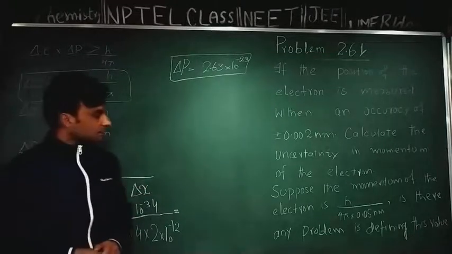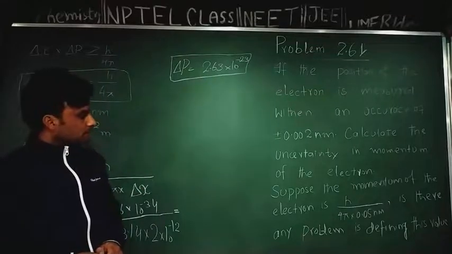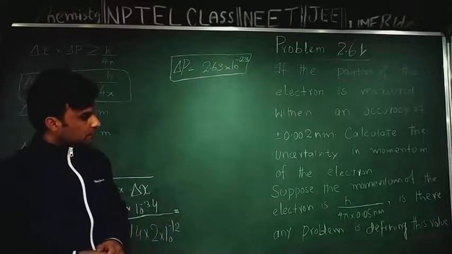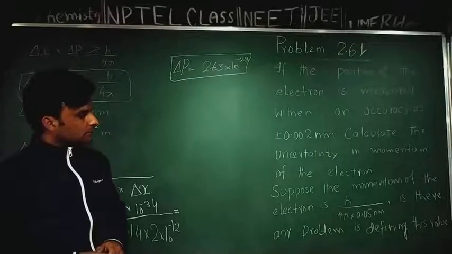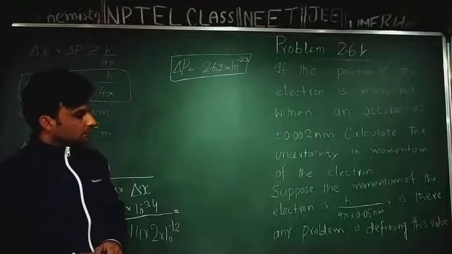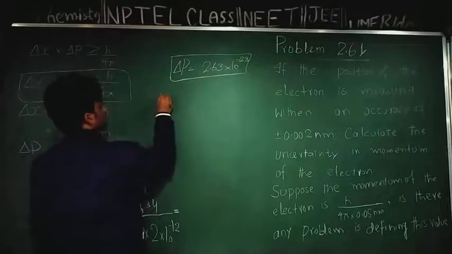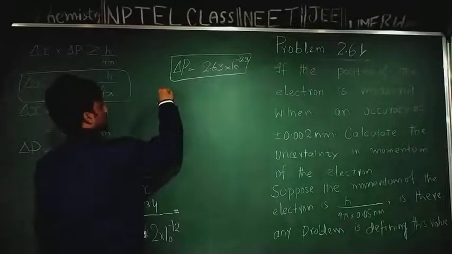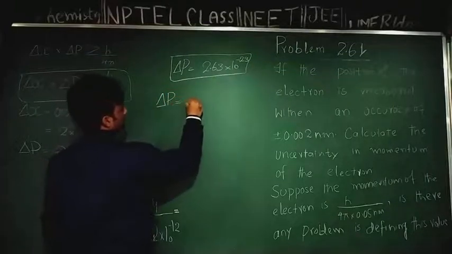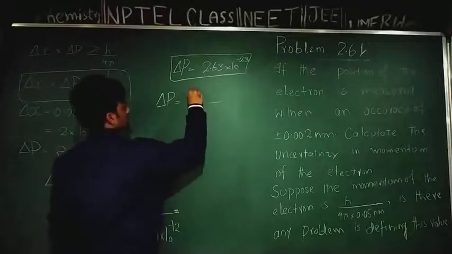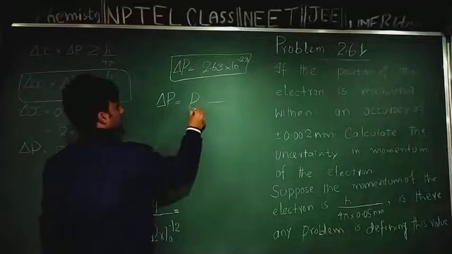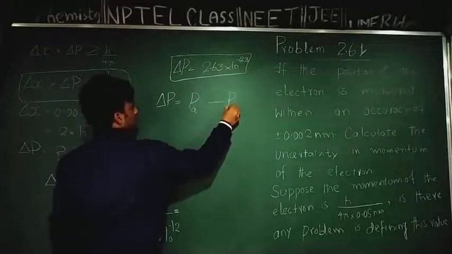Now moving to part second. Suppose the momentum of electron is h by 4 pi into 0.05 nanometer. Is there any problem in defining this value? What is uncertainty in momentum? Uncertainty in momentum is the difference between actual momentum and observed momentum.